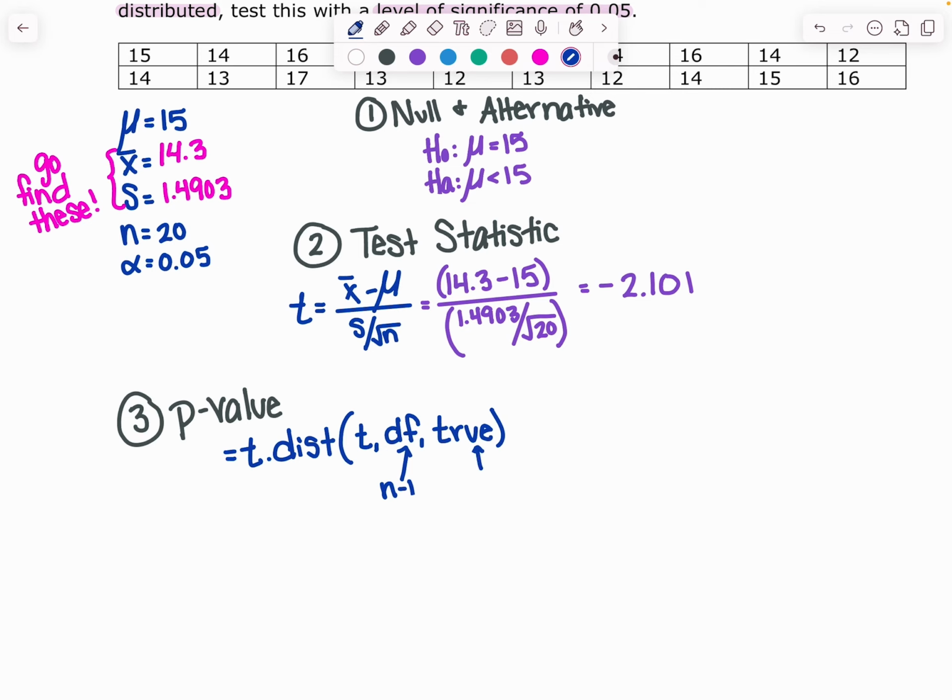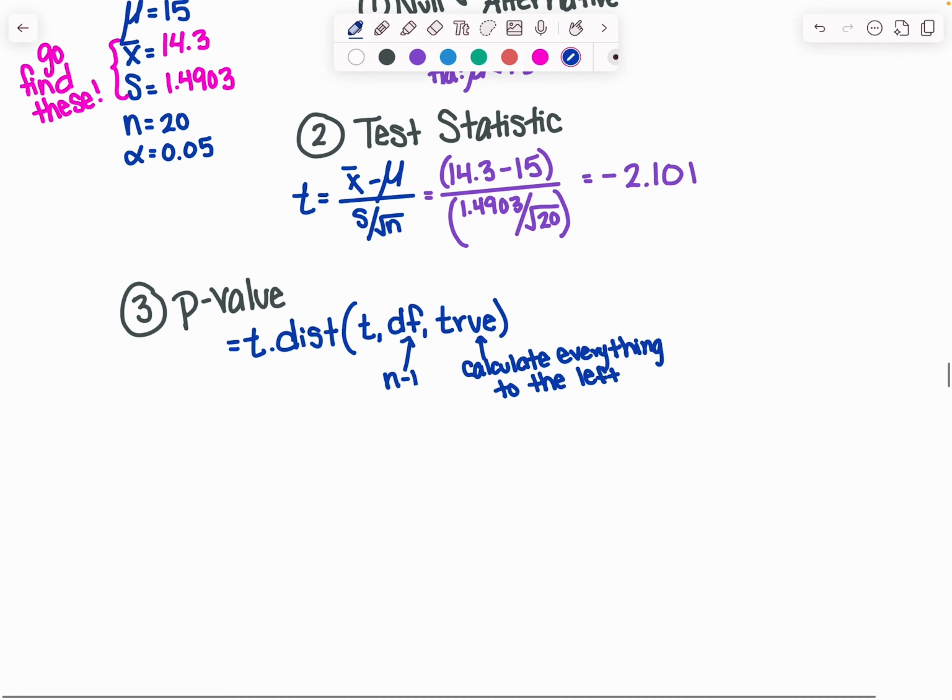And we're putting the true in because we're telling Excel that we want it to calculate everything to the left, not just this individual t value at this one spot, because that wouldn't really make any sense.